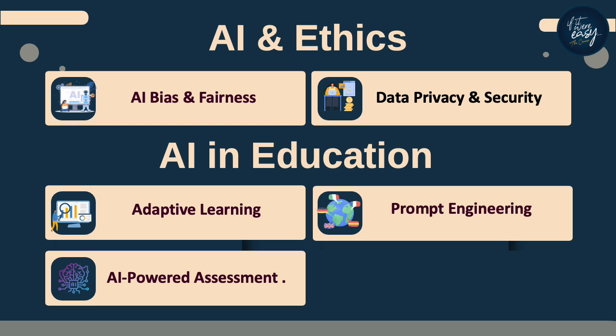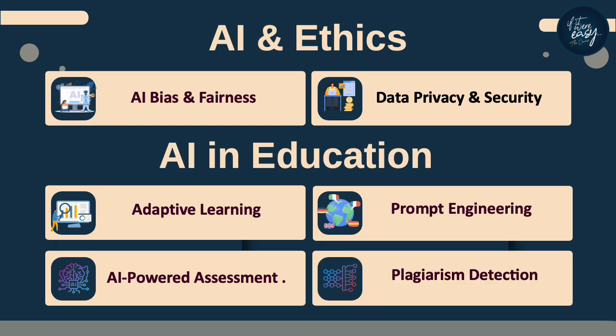It helps you reduce your time spent grading and can at times improve the quality and consistency. But again, in the future, we're going to be looking at AI bias and fairness. And finally, plagiarism detection. AI tools can help ensure academic integrity by identifying AI-generated or copied content.